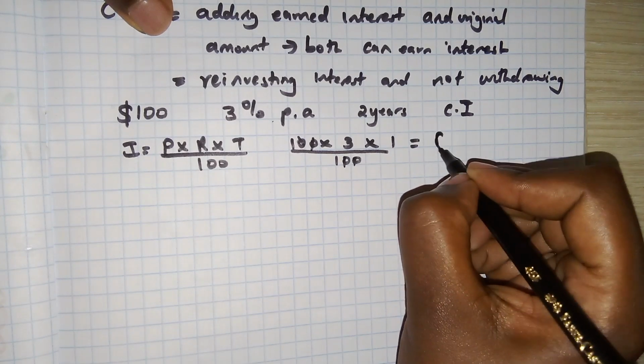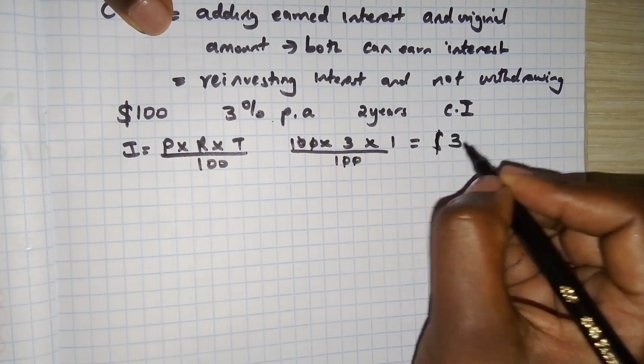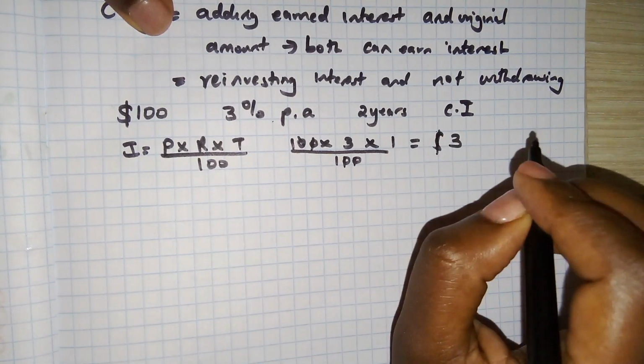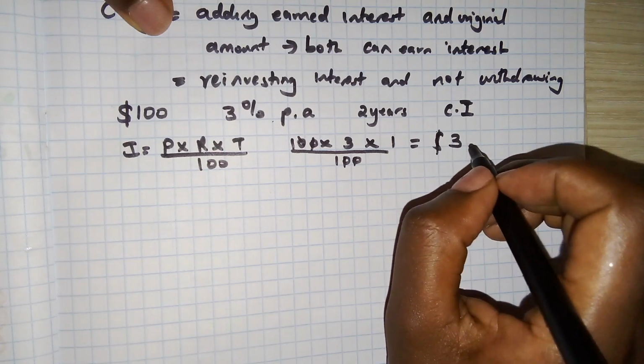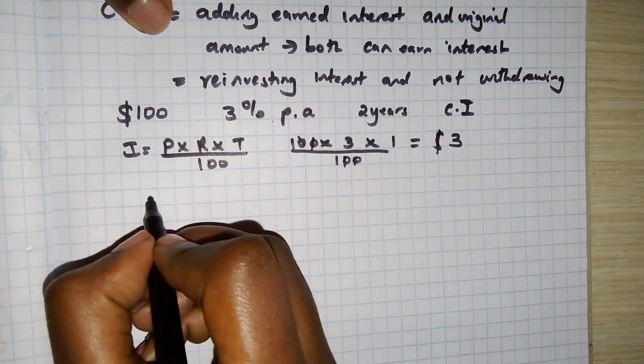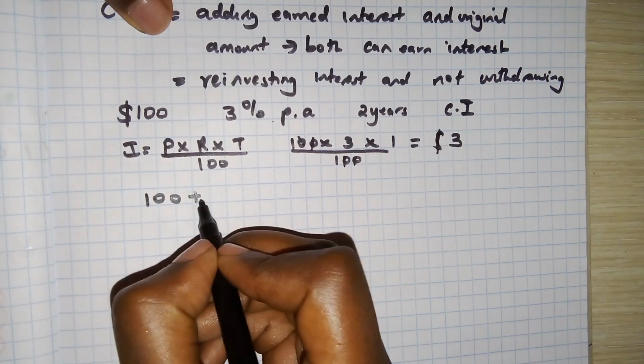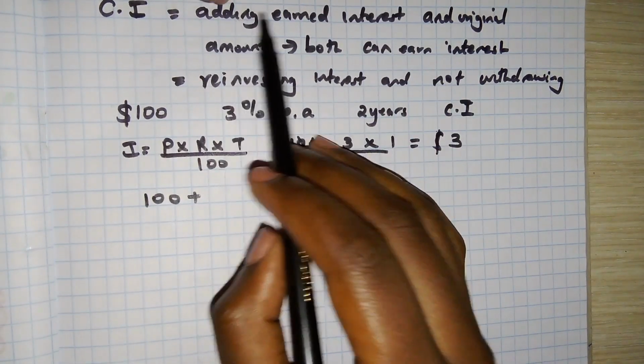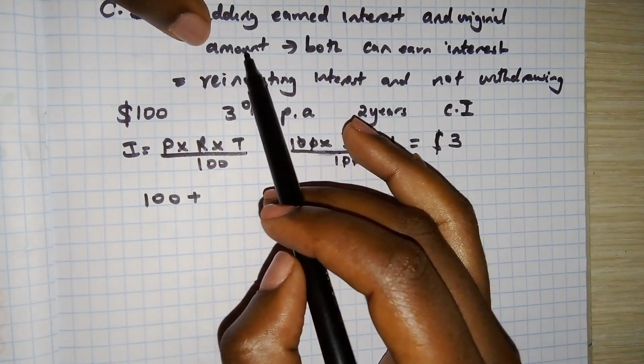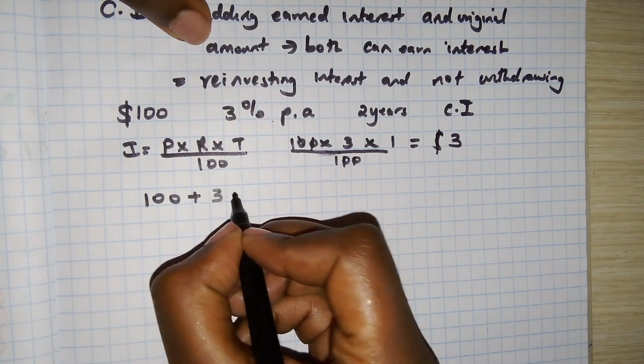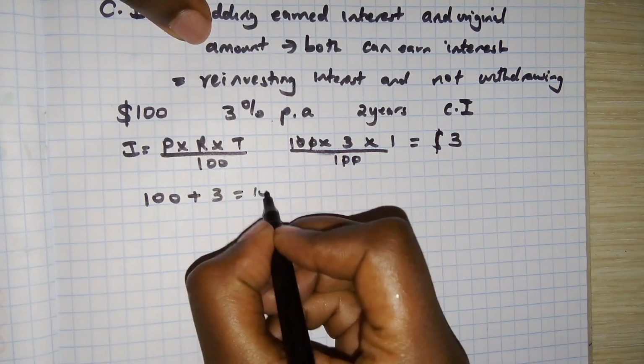So that would be £3. So in the first year, you've earned an interest of £3. So you take the initial amount, the original, adding the interest, and the interest is 3. So you take 103.